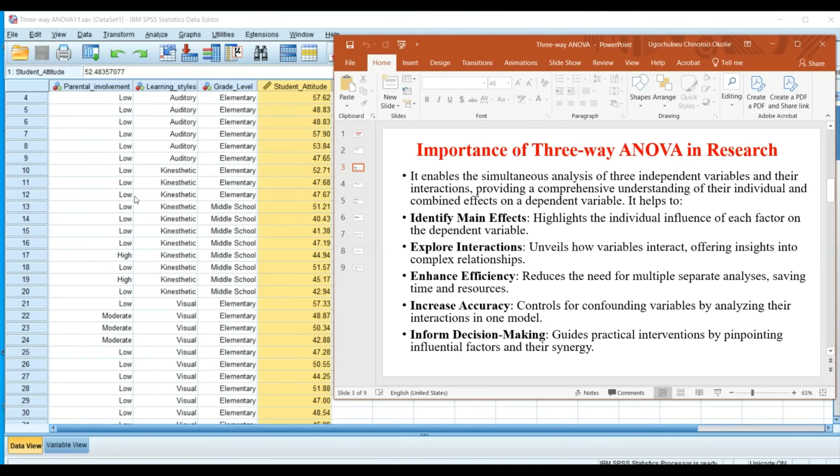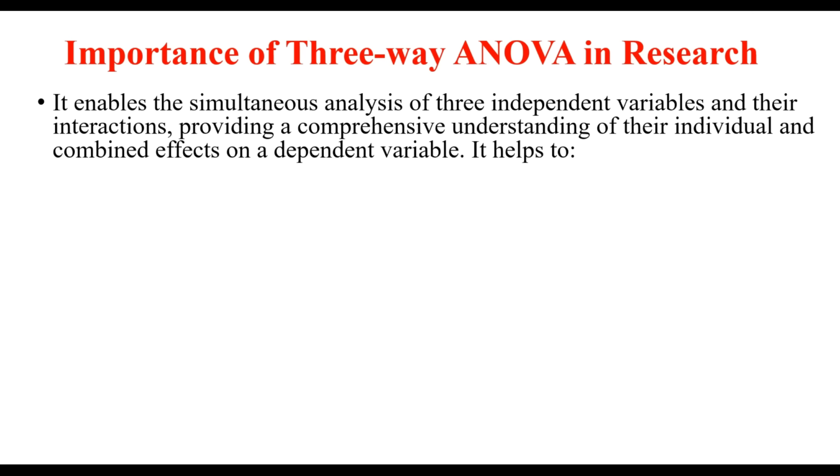Now, before we go into the analysis, I'd like us to look at some key importance of three-way ANOVA in research. So the first is that it enables the simultaneous analysis of three independent variables and their interactions, providing a comprehensive understanding of their individual and combined effects on a dependent variable.